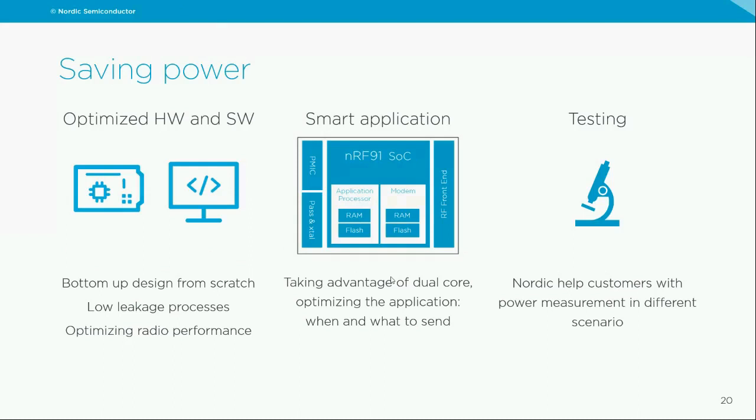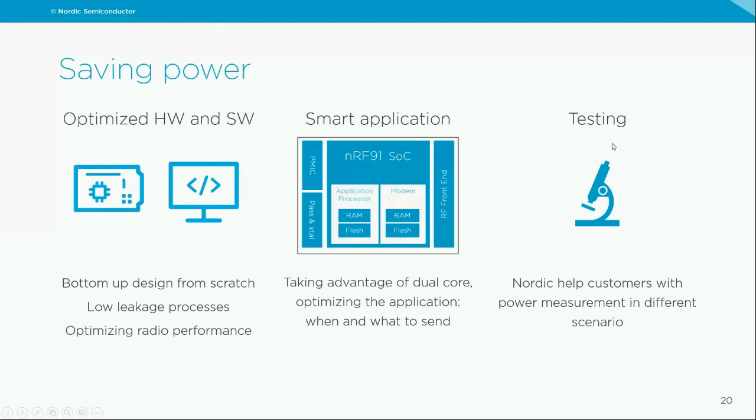We know that cellular is still very complex when it comes to power, especially because cellular connectivity has a lot of variables that impact the power consumption of the design. So we also help you as a customer to do power measurements in very particular scenarios that we haven't documented in our product spec yet, or in scenarios that are very important for you in order to calculate battery lifetime in the application.